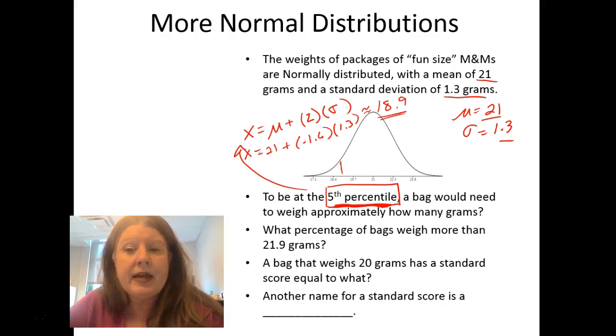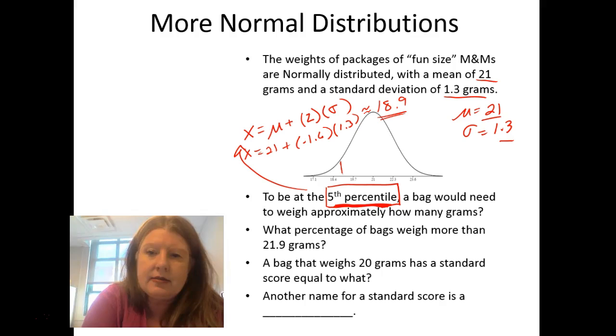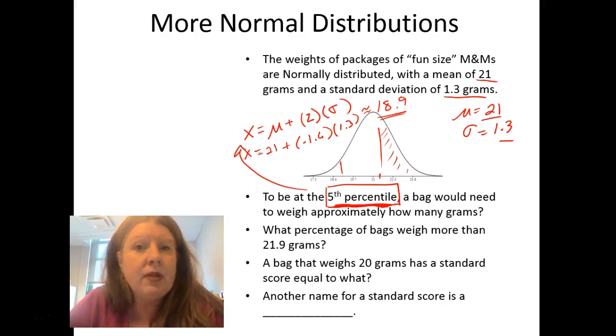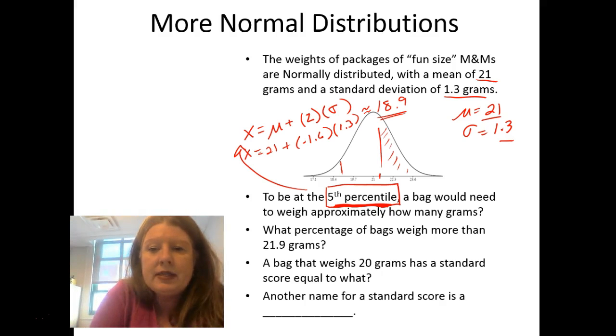What percentage of bags weigh more than 21.9 grams? So 21.9 is somewhere up here, and I want to know, what is this percentage? For 21.9, I can't apply the empirical rule because that's not exactly 1, 2, or 3 standard deviations away from the mean. Here's a case where I'd have to find a z-score. So z is 21.9 minus 21 all over 1.3.